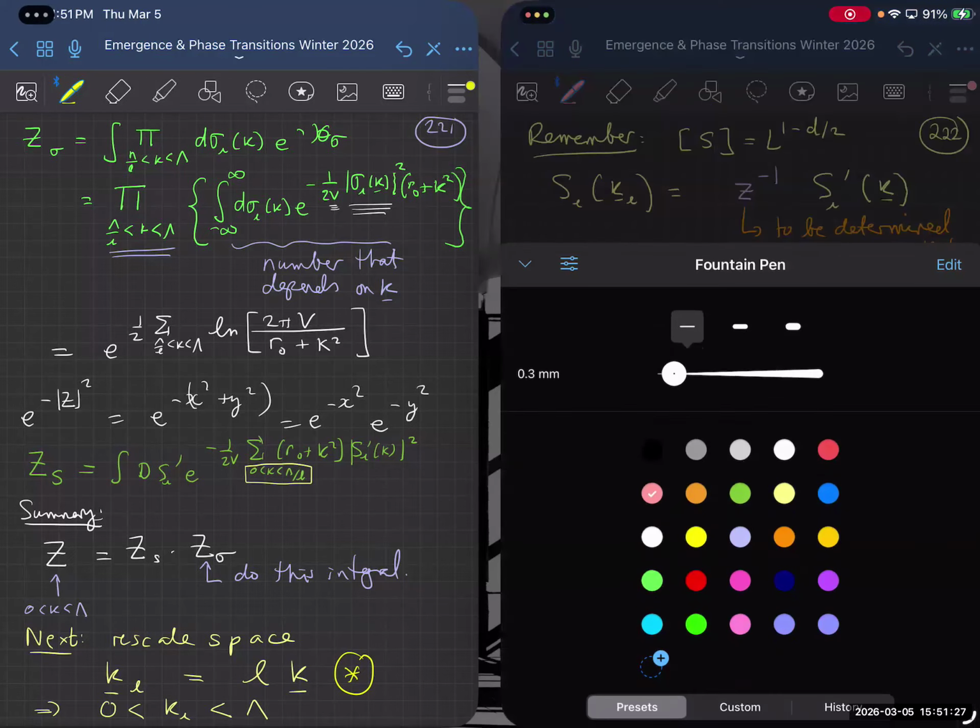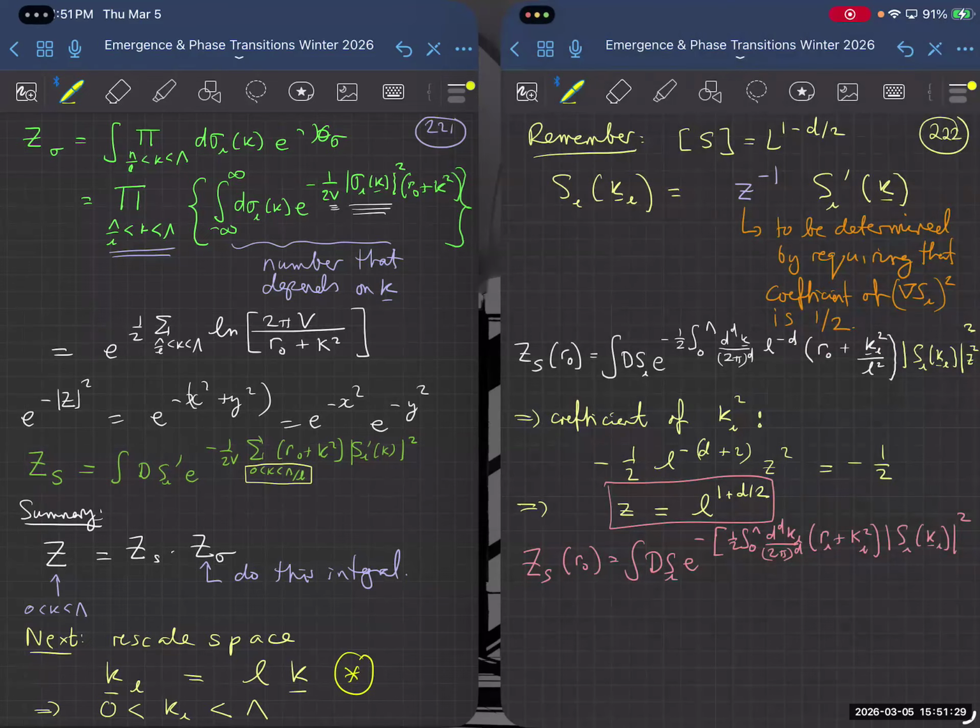This is now in the same form as the original, and you can read off that RL is equal to L to the minus D Z squared times R0, which is equal to L squared R0.